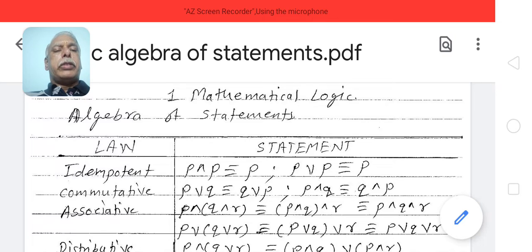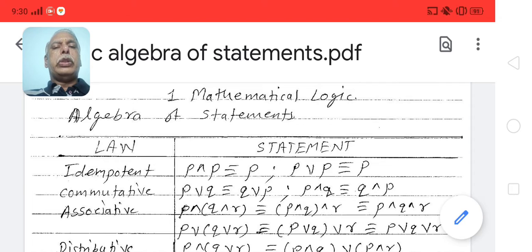Then we discussed how to prove equivalence of two statements by using a truth table, and what a statement pattern is, that is tautology, contradiction, and contingency, by using a truth table.